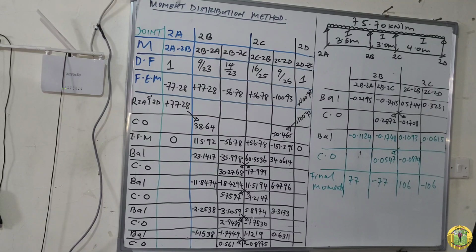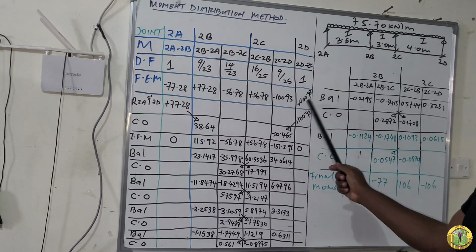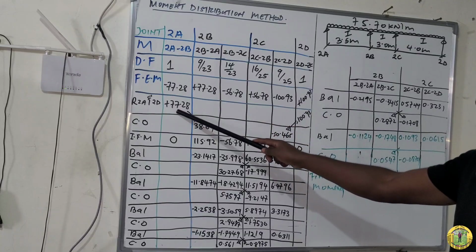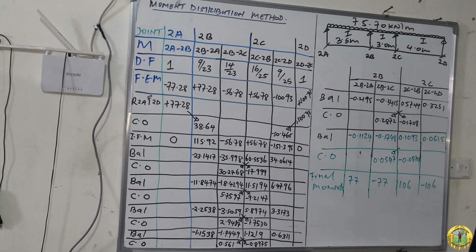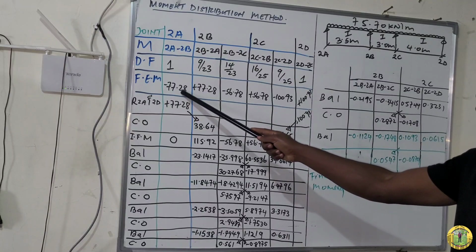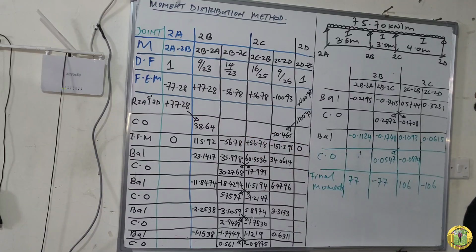So what are we supposed to do? What we are supposed to do is to release this fixed end moment so that if you add the two, this one and this one, it should give you 0. And to release, you just use the same values, which is fixed end moment, and change the sign of that value. For example, here we have negative 77.28.